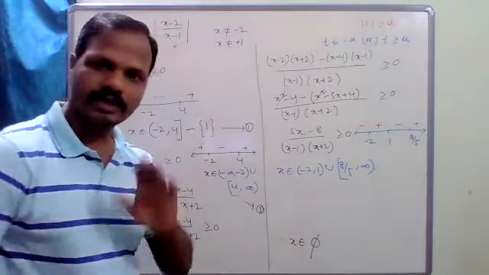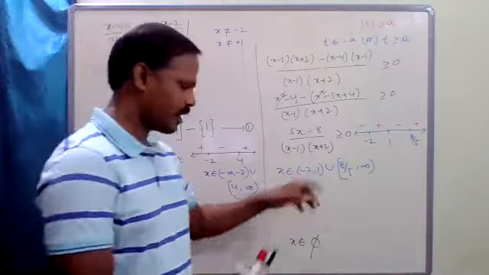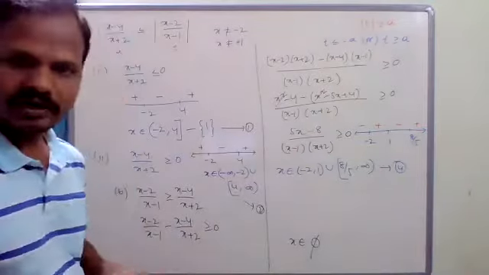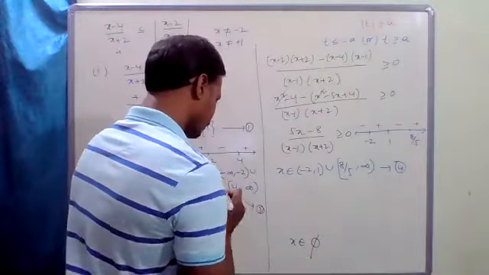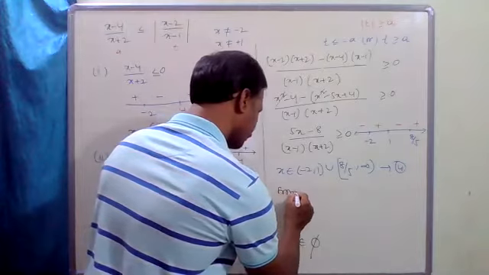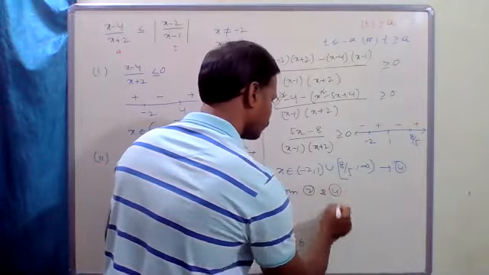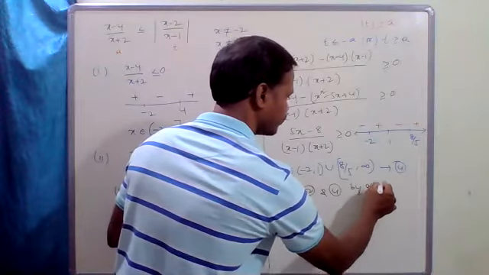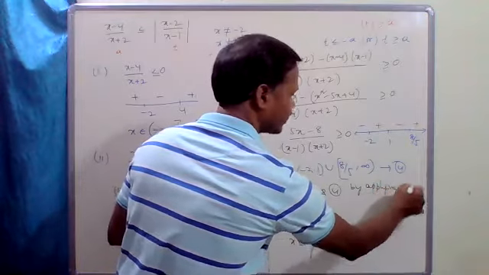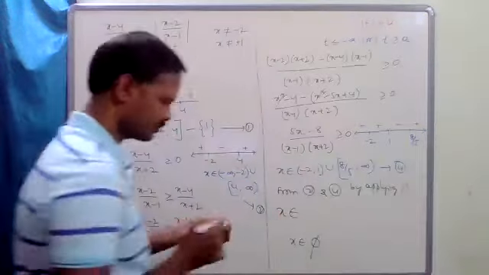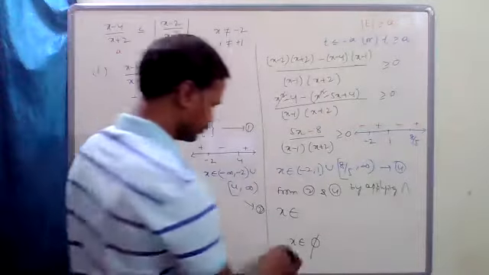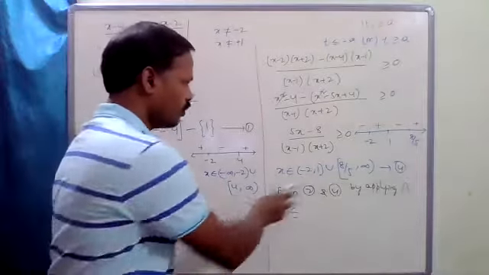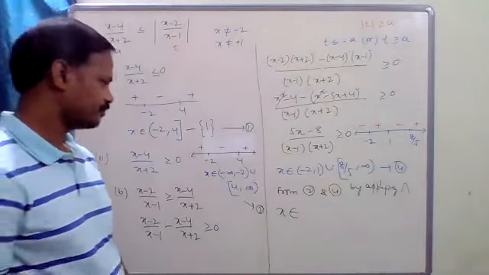Okay, now what you have to do? You have to apply the intersection of 2 and 4. So x belongs to, what are the values of x? 2 and 4, you have to apply intersection.